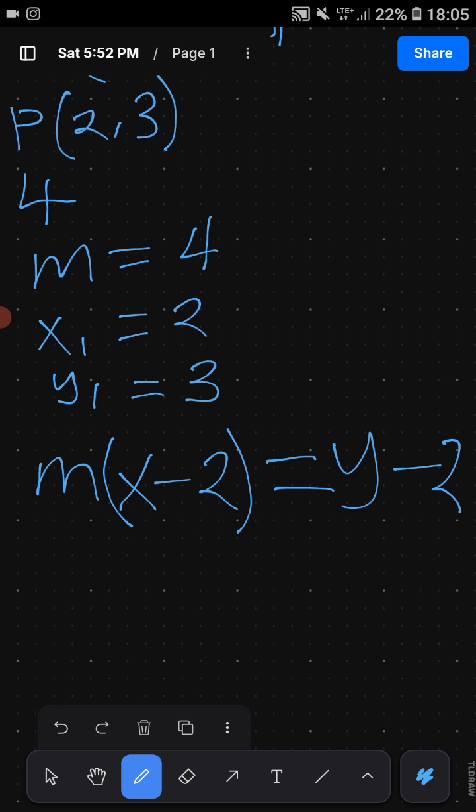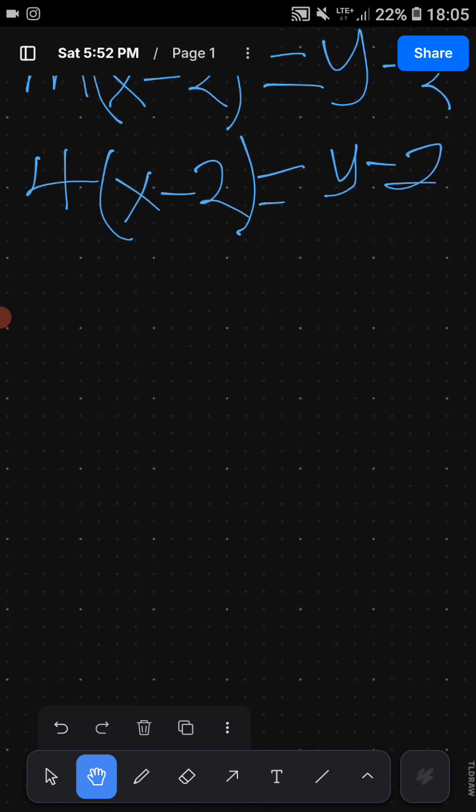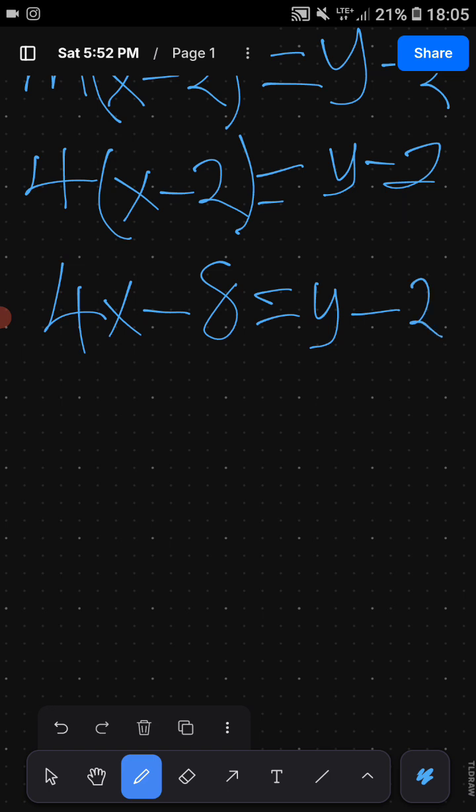M is 4, so that gives 4 into x minus 2 equals y minus 3. When we open the brackets, further simplification gives 4x minus 8 equals y minus 3.